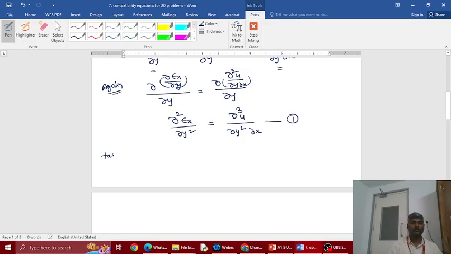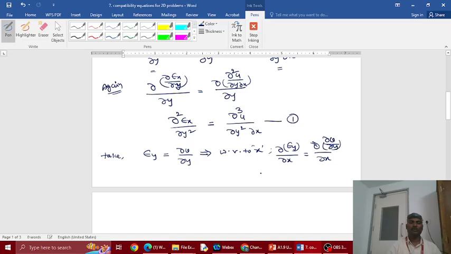Now take the second normal strain, in the y direction, epsilon y = ∂v/∂y. Partially differentiate this with respect to x, which means ∂/∂x of epsilon y equals ∂/∂x of ∂v/∂y.